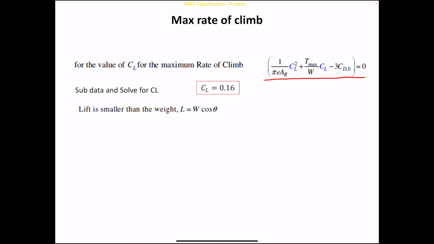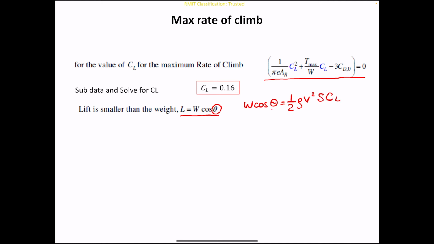It is assumed that you will calculate it yourself as a practice. Now we make a little assumption. We know that in climb, lift is less than weight, but it will bring additional unknown into the picture. We don't know angle of climb, we don't know velocity, two unknowns. So if we rewrite this equation, we will get weight cosine theta equal to 1/2 rho v squared S CL.